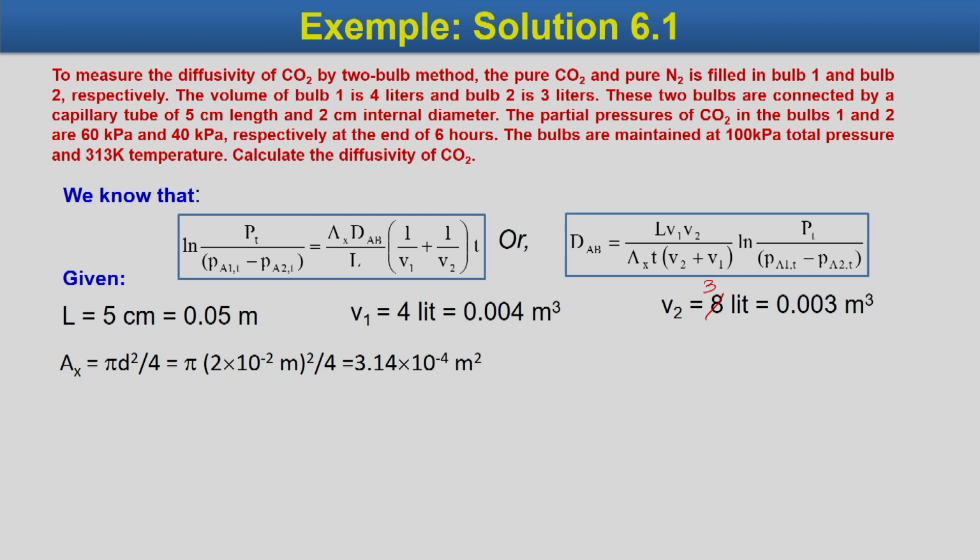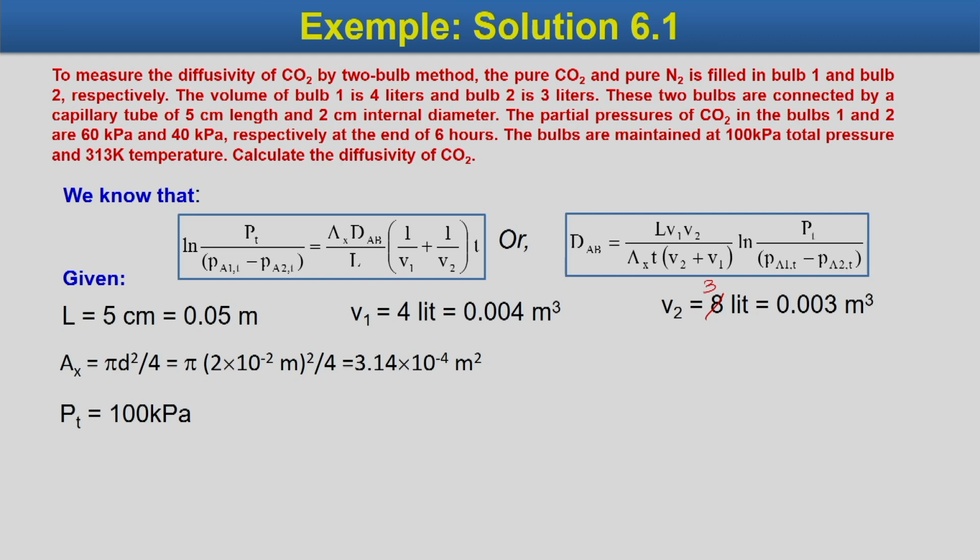The cross sectional area of the tube is pi d square by 4. Here d is 2 centimeter, the internal diameter. So, pi into 2 into 10 to the power minus 2 meter whole square divided by 4 is equal to 3.14 into 10 to the power minus 4 meter square.